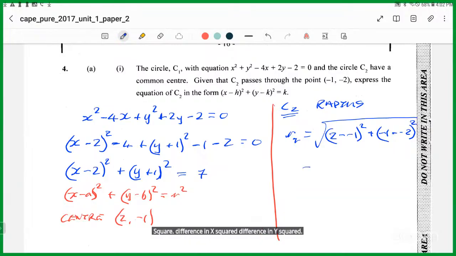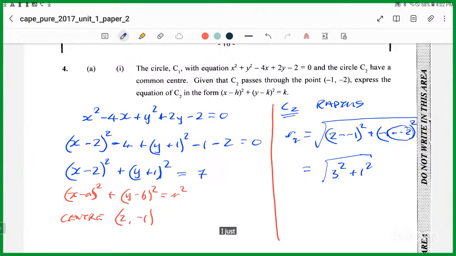This reduces to the square root of 3 squared plus 1 squared, that becomes a positive 2. 2 minus 1 is 1. That's the square root of 10. That's the R on this, R2.